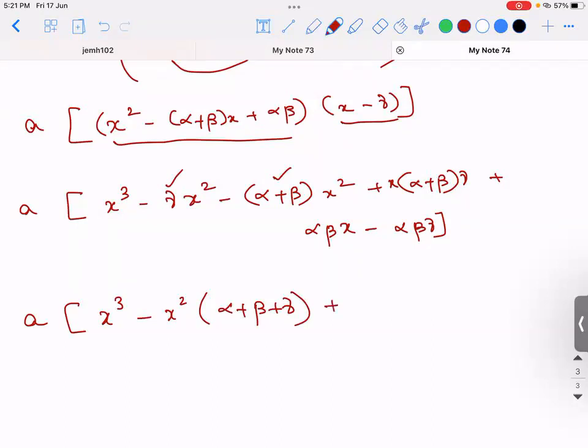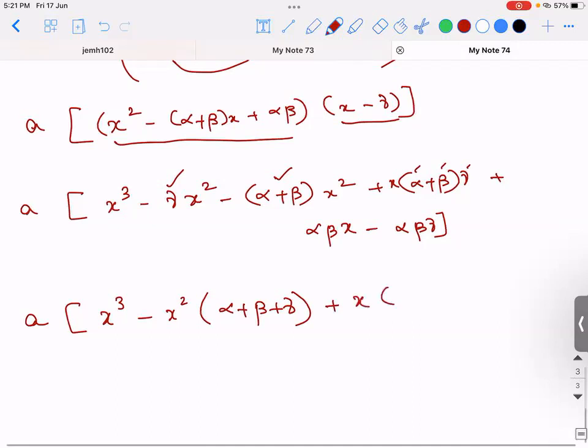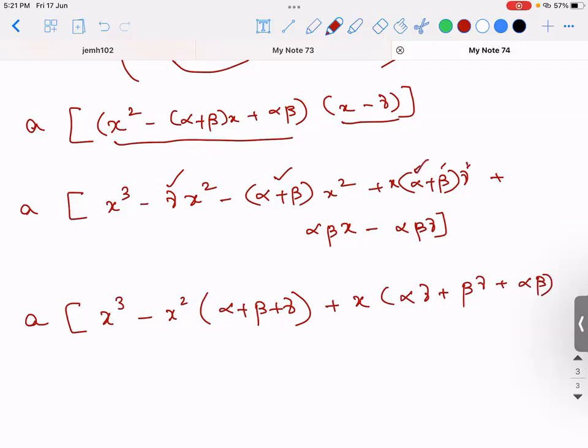Now collect all the x terms: x into alpha gamma plus beta gamma plus alpha beta. Correct? Minus alpha beta gamma.